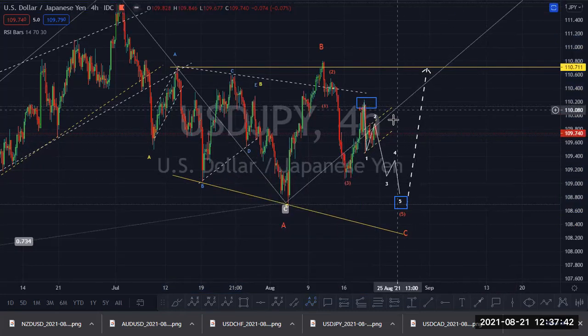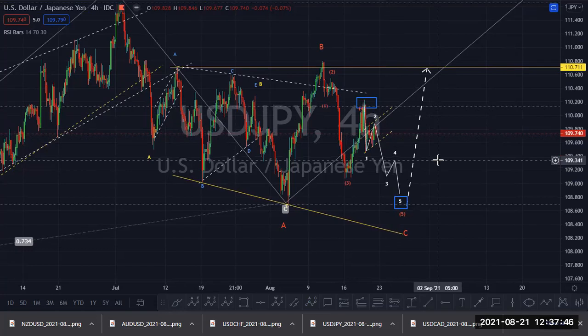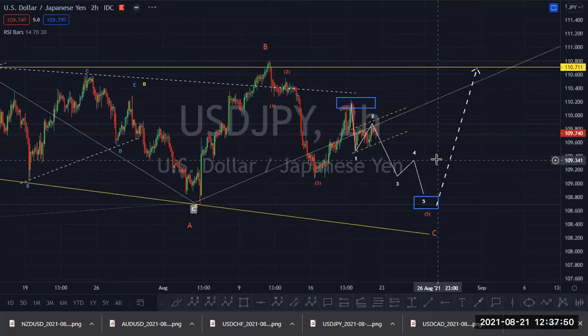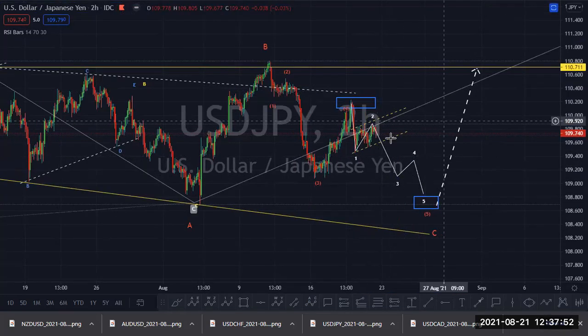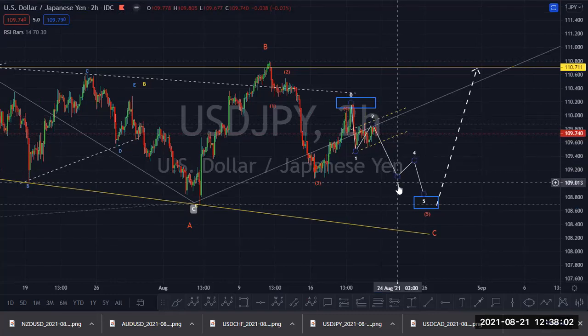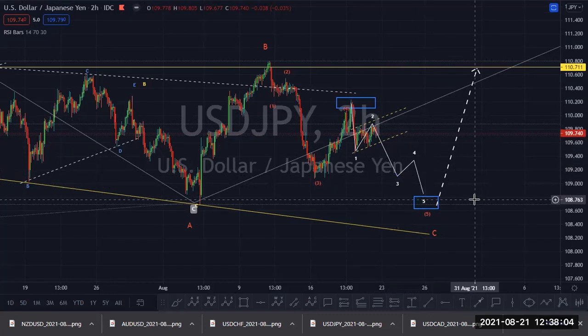If my assumption is correct, let me go down to 2 hours. It means this is wave 1, and this wave 2 is a corrective move. So I'm of the opinion that my assumption is correct. So we're going to have wave 3, 4, and 5.